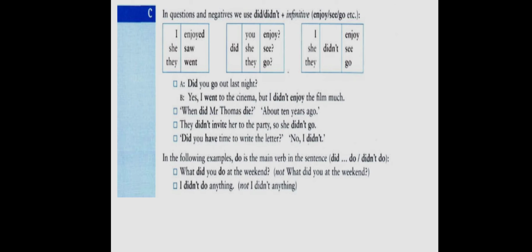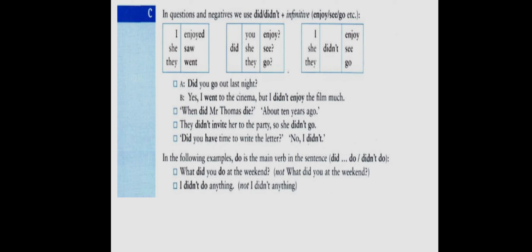In the following examples, do is the main verb in the sentence. Did, do, didn't do. What did you do at the weekend? Here we ask about the action you did at the weekend. So we use did in the question, the auxiliary did, because the action is in the past, the weekend is in the past. So we use the auxiliary verb did.